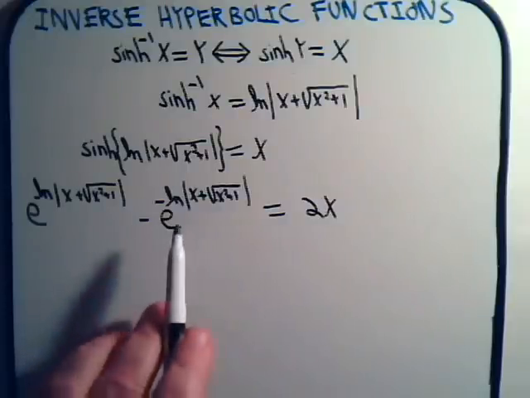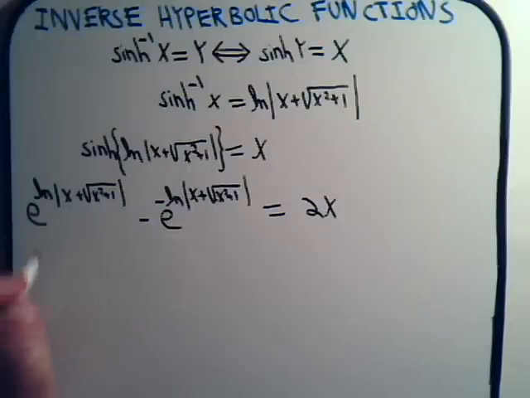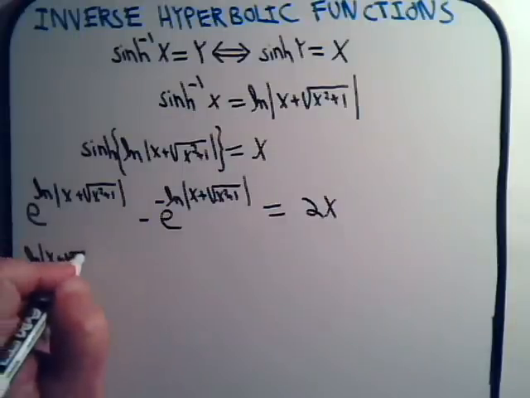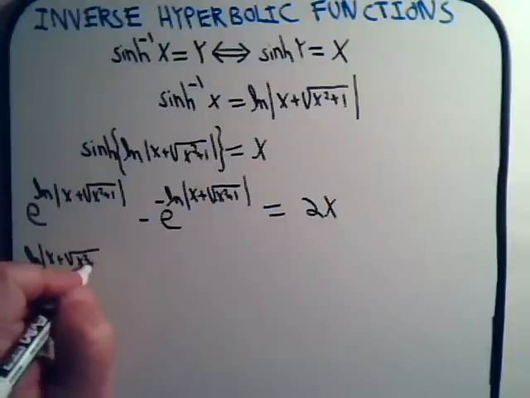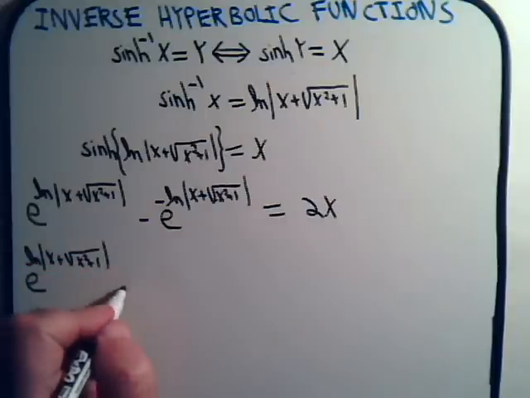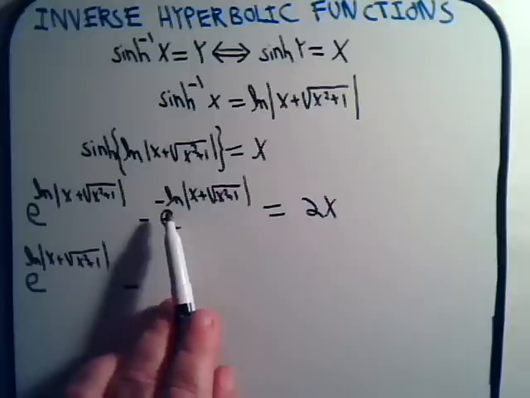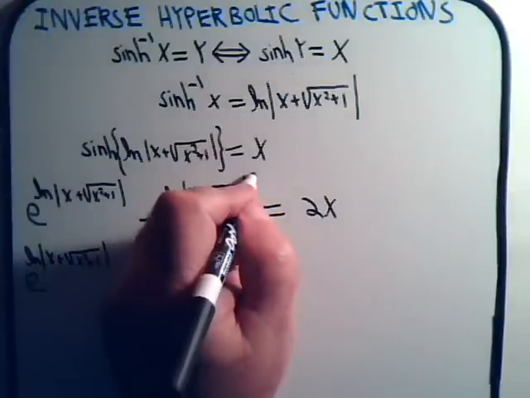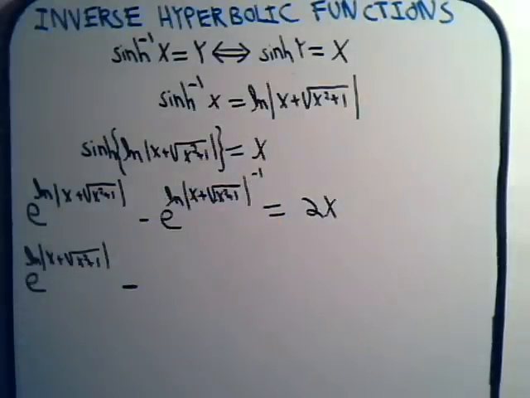And we notice now this is a negative sign here, so we can rewrite the expression. This stays the same right here. Subtract. This could be the same thing as this to the negative 1 power.